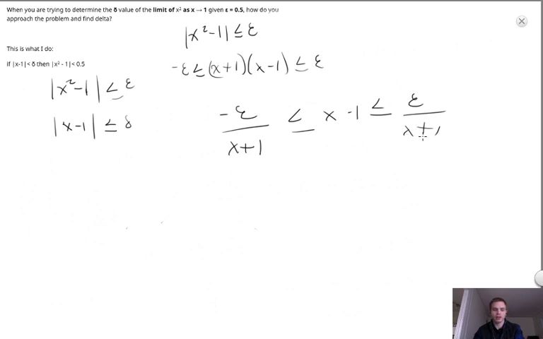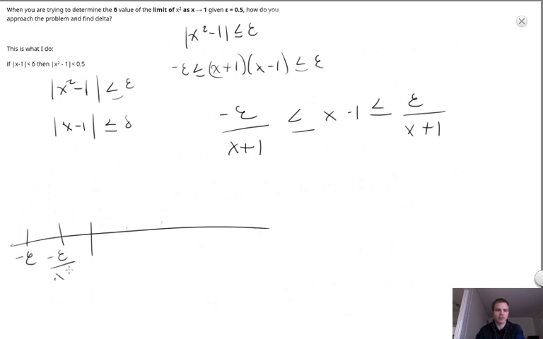And then I was trying to say that this should always be less than... so if here's negative epsilon, then this is negative epsilon over x plus 1. So this is true, actually.